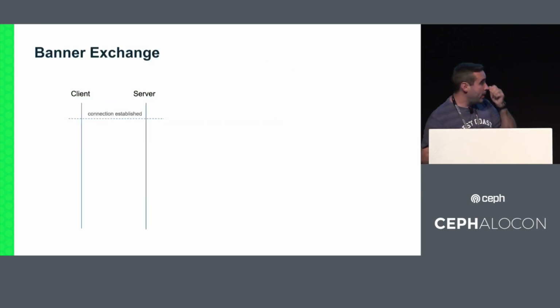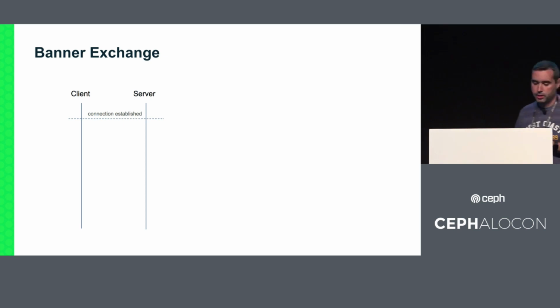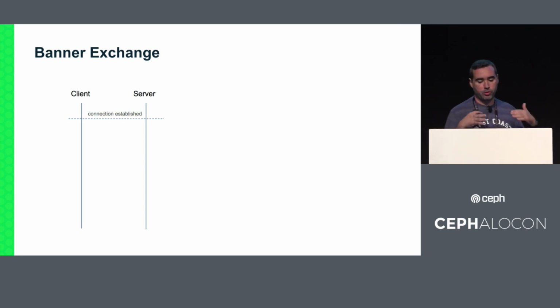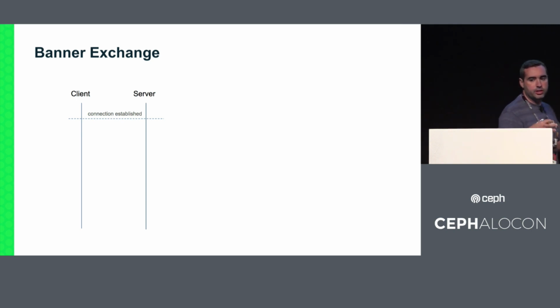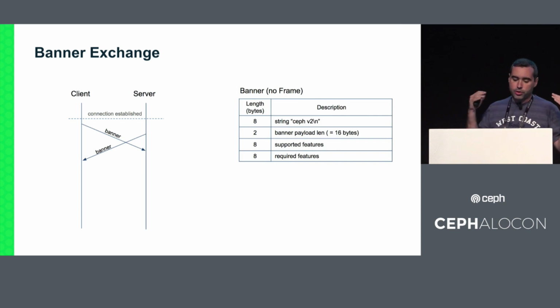So, banner exchange. This is the first thing that happens when the network connection gets established between the client and the server. For instance, if we are using POSIX sockets, as soon as the TCP connection is established, both the client and the server will send the banner message. Okay? The banner message is the only exception that is not packaged inside the frame.